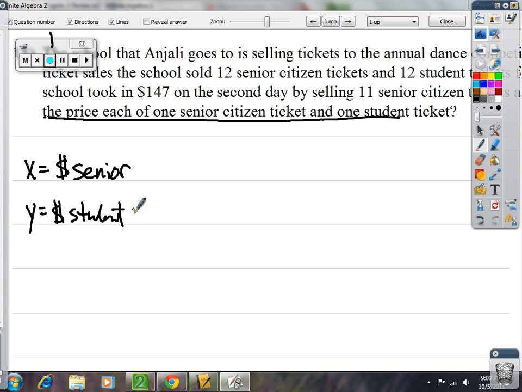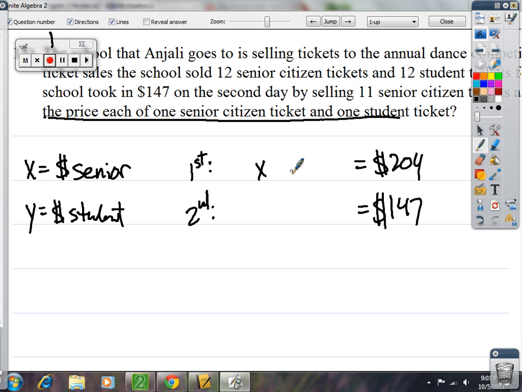So the first day of sales and the second day of sales, I think those are going to give us our two equations. The first day of sales, let's see, how much money did they bring in? The first day of sales, they brought in $204. The second day of sales, they brought in a total of $147. So they got the 204 by adding all their seniors plus all their students.